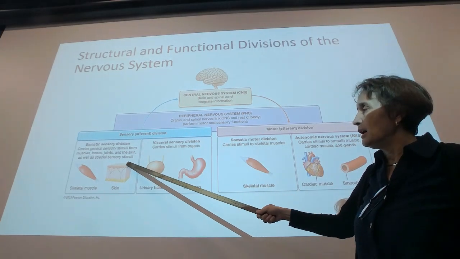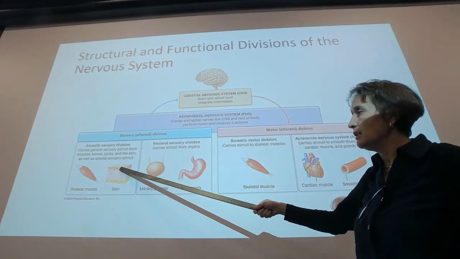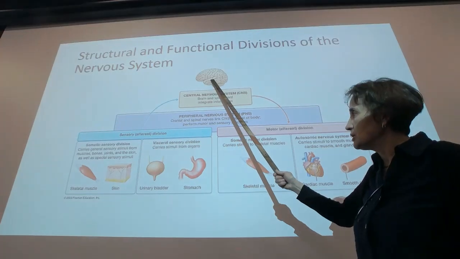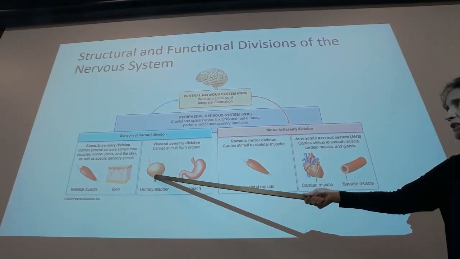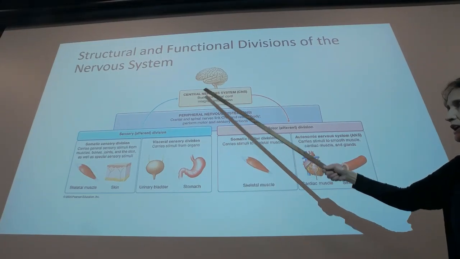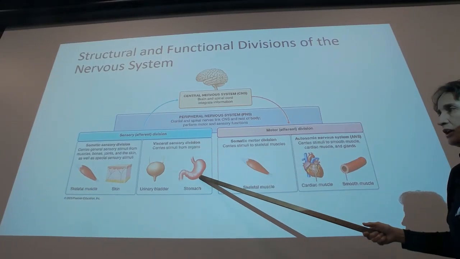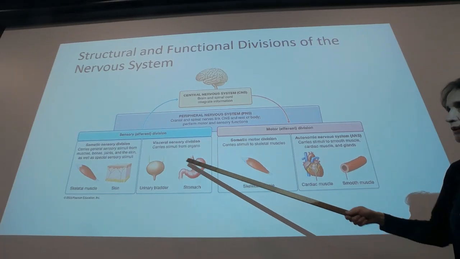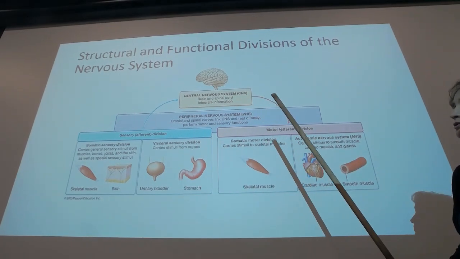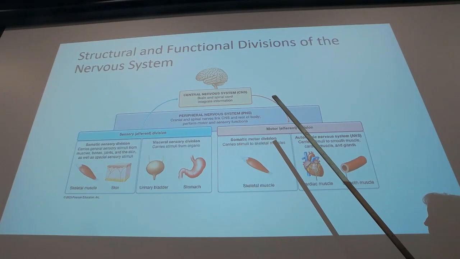If you have an irritation of your skin, that information goes into the CNS. Urinary bladder full or empty, that information goes into the CNS. That's the visceral sensory division. If you have an empty stomach right now and feel hungry, that visceral information goes into your CNS.